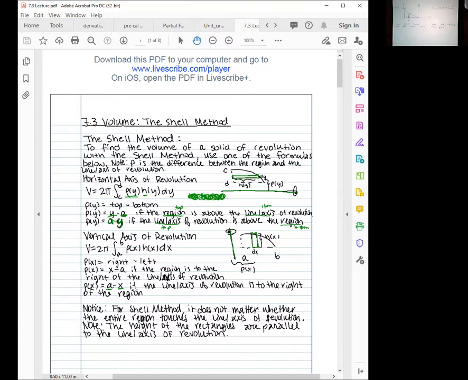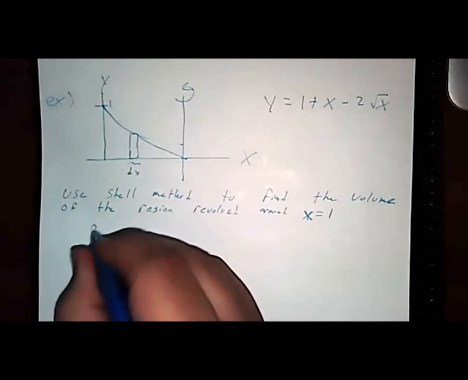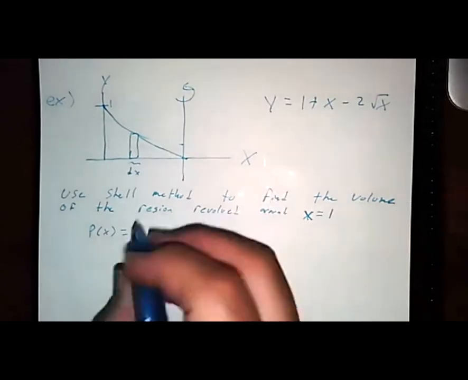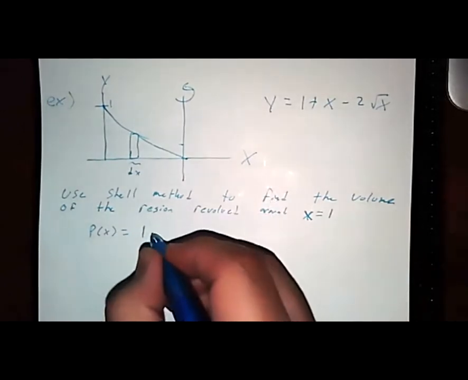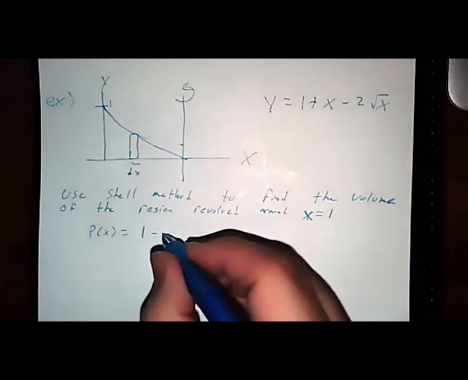So our region is to the left, meaning we're going to use a minus x here for rho. So rho is going to be a, which is the line, 1 minus x. Let me double check everything. Yeah. Does that make sense, or is that confusing?